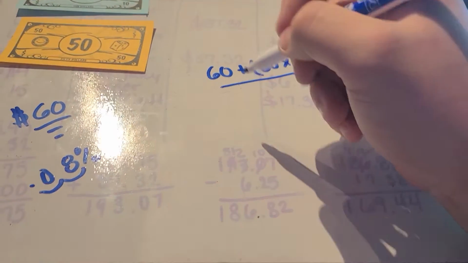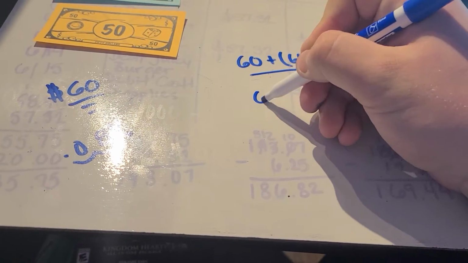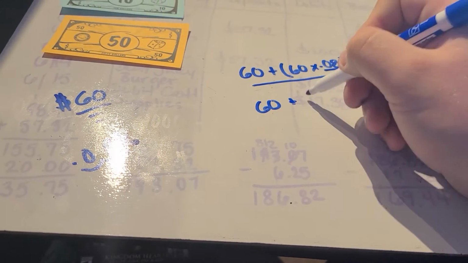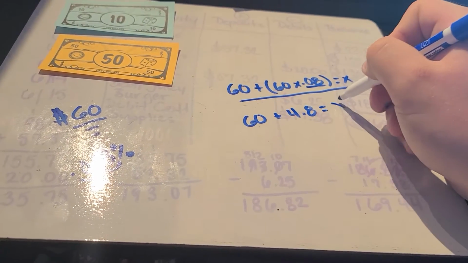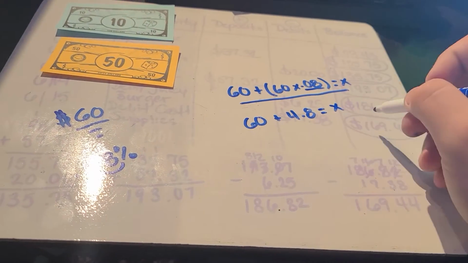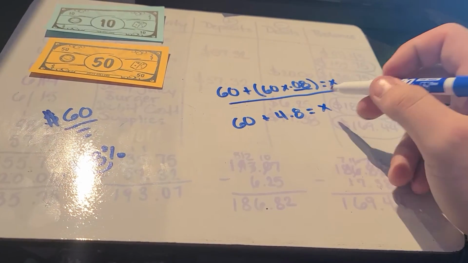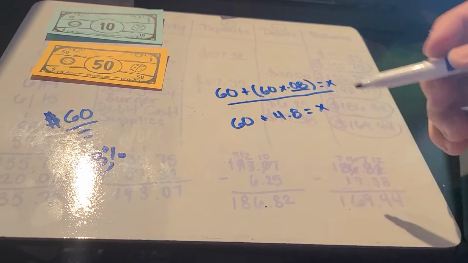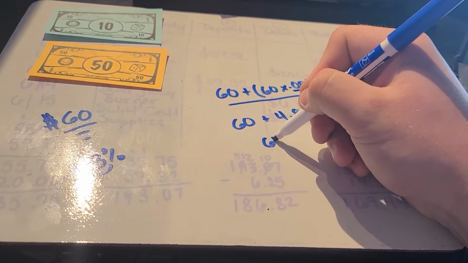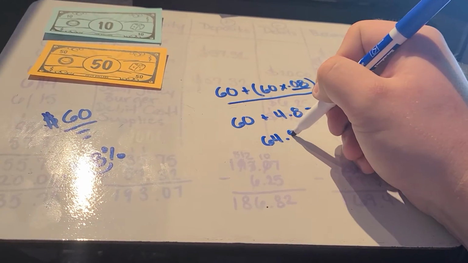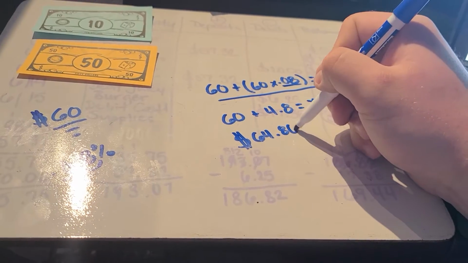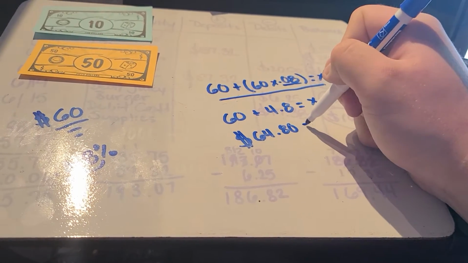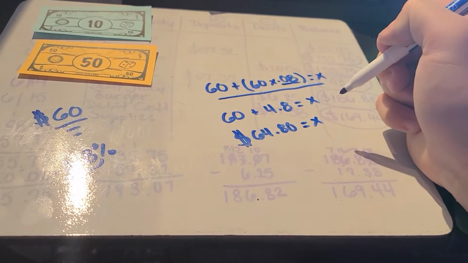So now we're going to simplify our equation here. 60 plus 4.8 equals x. Now that we have everything solved for and simplified, we're going to add that together. It becomes $64.8. Obviously, 0.8 is going to be 80 equals x.